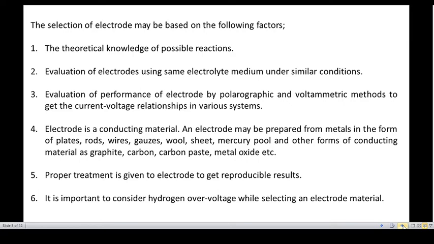Now it is important to consider the hydrogen overvoltage while selecting the electrode material.